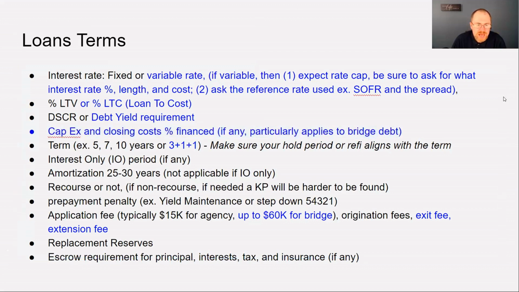Then you want to understand what is called, and I know it's confusing, the term. That's when the balloon payment is due. It could be 5, 7, or 10 years. For bridge debt, typically it's 3 years plus two extensions of 1 year. And here it's important to make sure that your hold period aligns with the term of the loan.